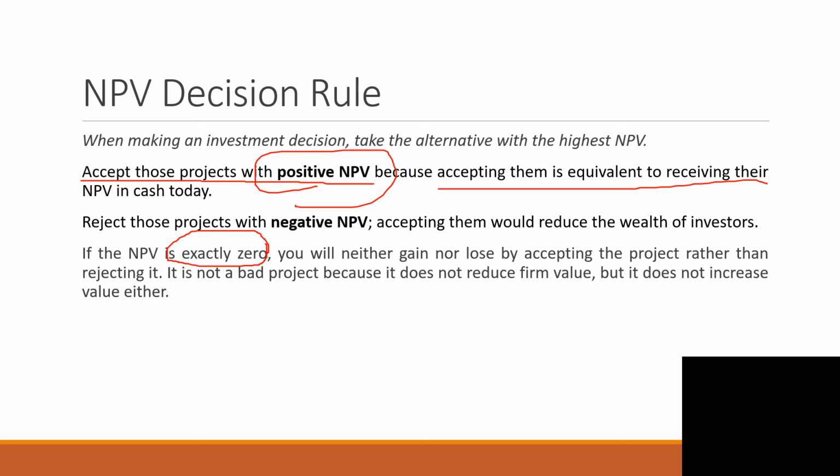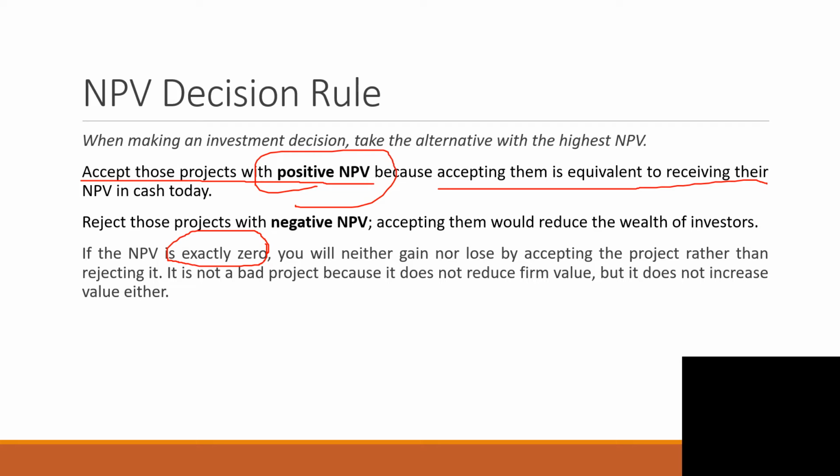It doesn't affect the firm in any way. So accepting a project if the NPV is 0 might not be a good idea, but might not be a bad idea actually. It might make sense if there is no alternative project having a positive NPV. It doesn't increase value, so it is not a good idea, but it doesn't decrease the value either.